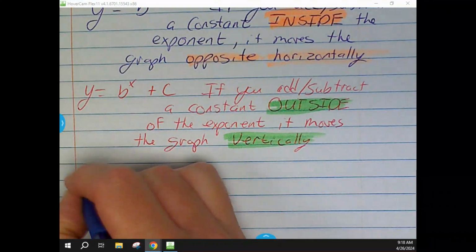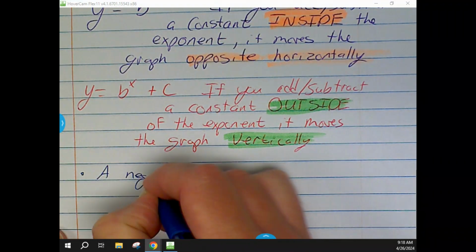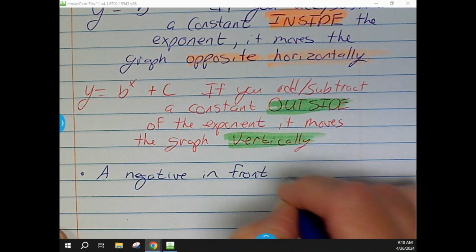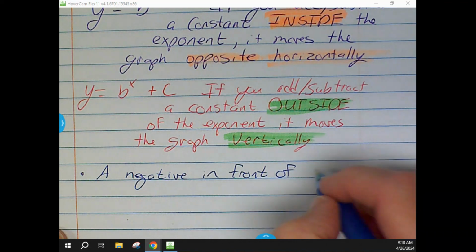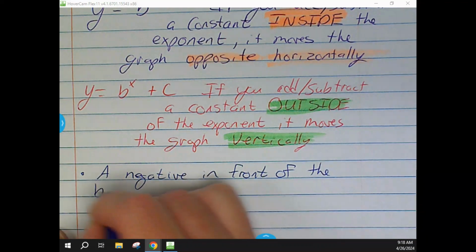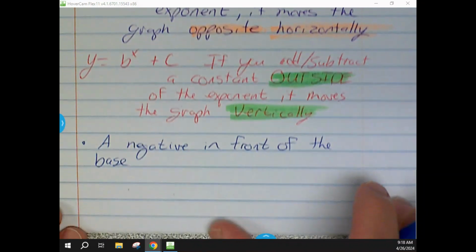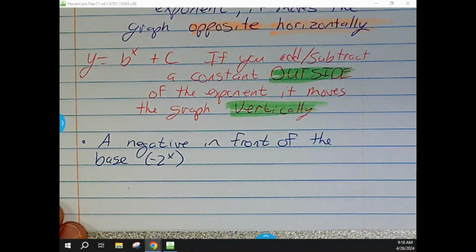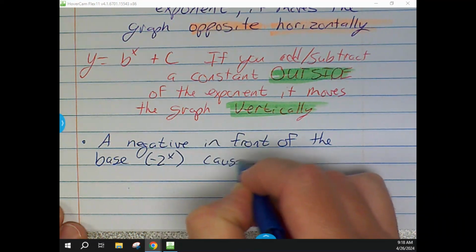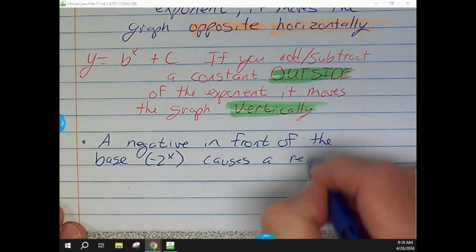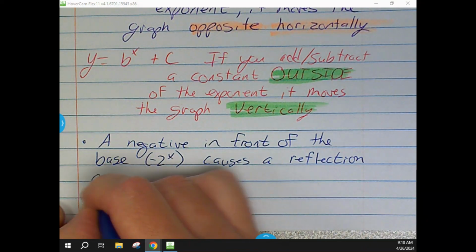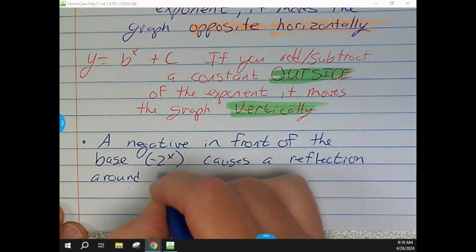If you put a negative in front of the base, so if we're doing 2 to the x power, and you put the negative in front, like -2 to the x power, that's going to cause a reflection about the x-axis.